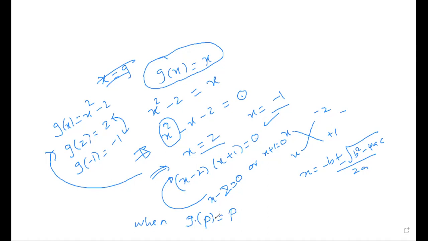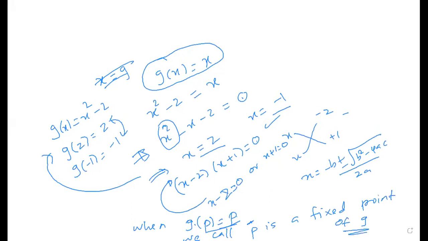For x I am putting p. g(p) is equal to p. We call p a fixed point of g. Here I'm writing a general small p. g(p) is equal to p, we call this p our fixed point of this function g.